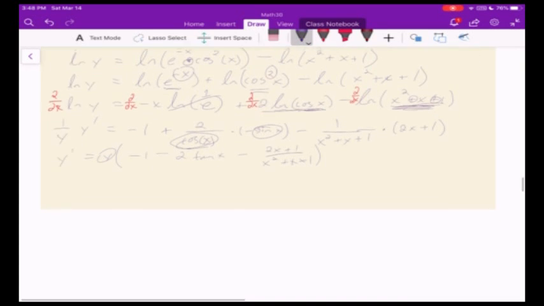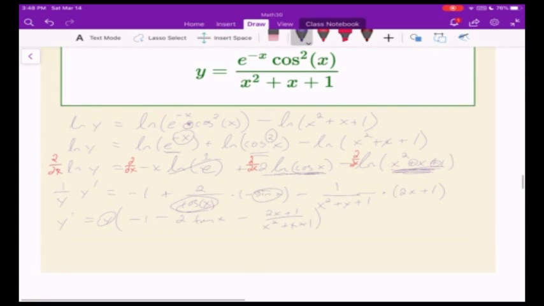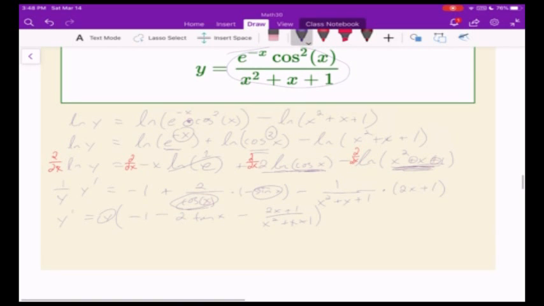So the only thing left to do: I shouldn't have any y's in here because y is defined explicitly in terms of x. So I could rewrite this function y as e to the negative x cosine squared x all over x squared plus x plus 1, and then times everything inside the parentheses.